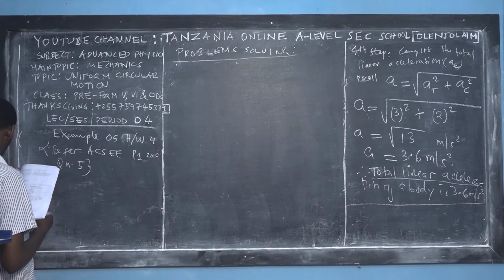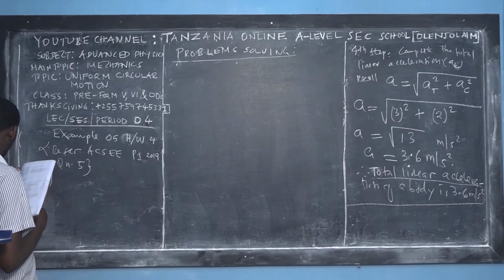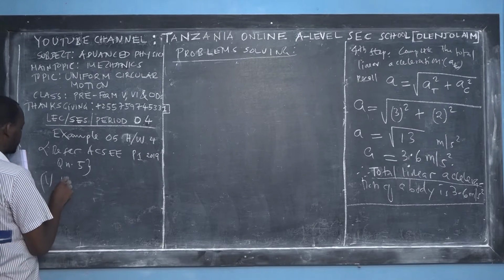Roman 1 says, in which aspect does circular motion differ from linear motion?